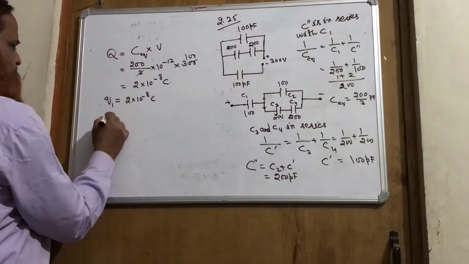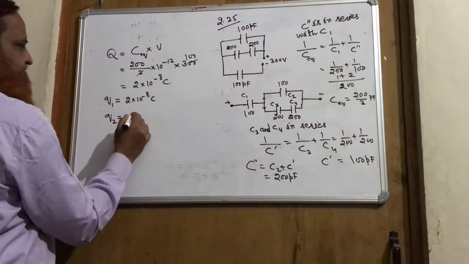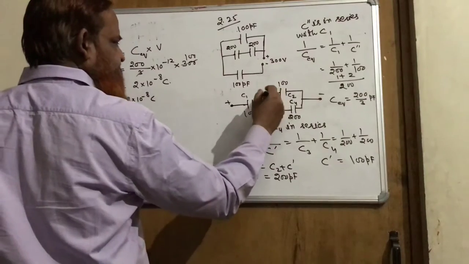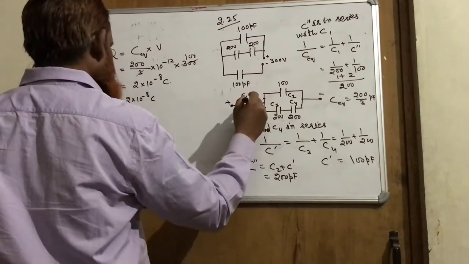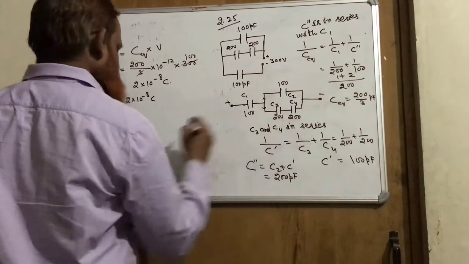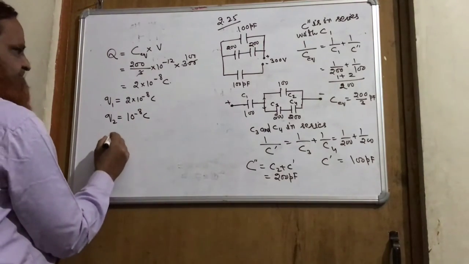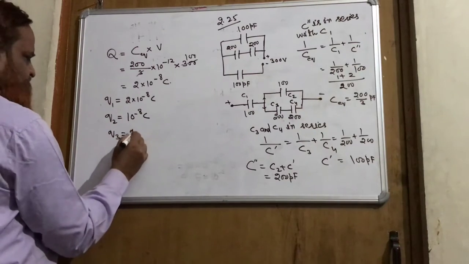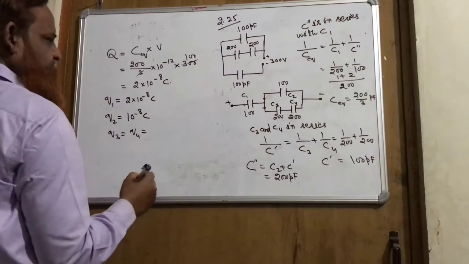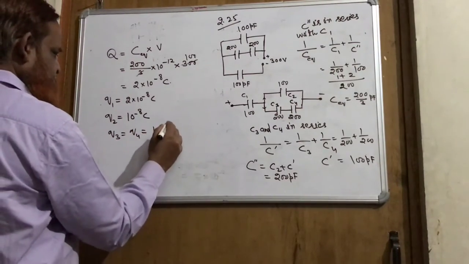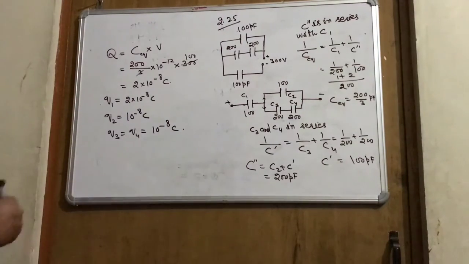So in C2 the charge will be half, 10 to the power minus 8 coulomb in this, and Q3 is equal to Q4 because they are in series, so the charge will be the same.